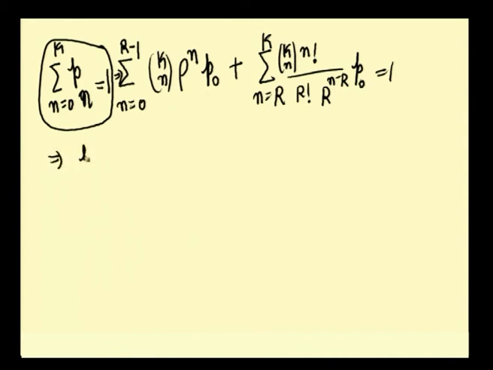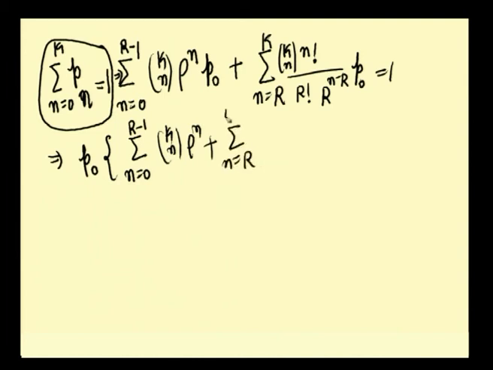So, this implies that P naught times summation n equal to 0 to R minus 1 K C n rho power n plus summation n equal to R to K K C n n factorial divided by R factorial R power n minus R equal to 1.